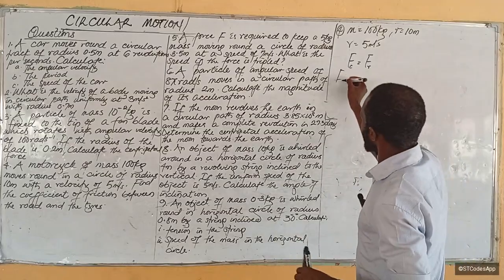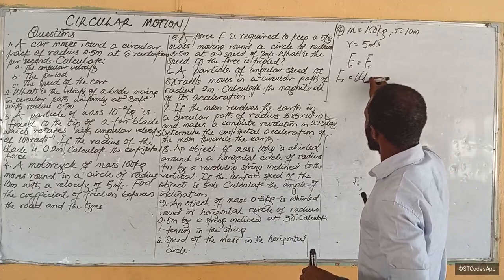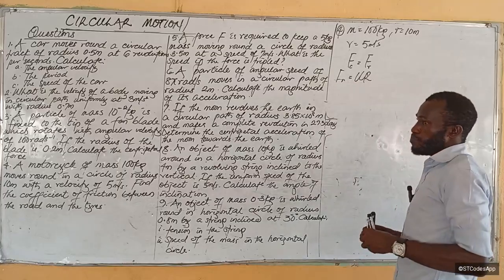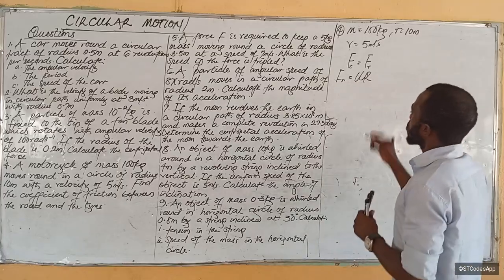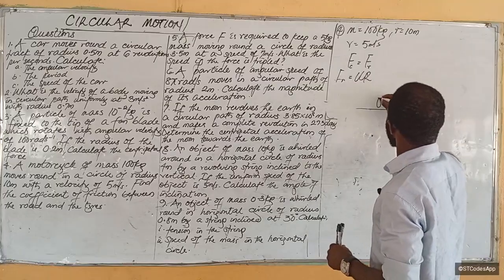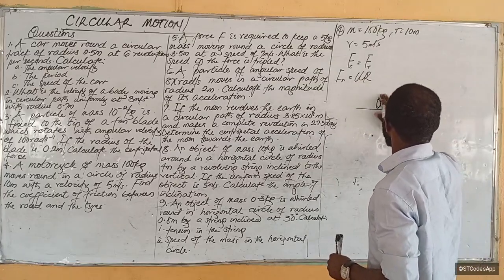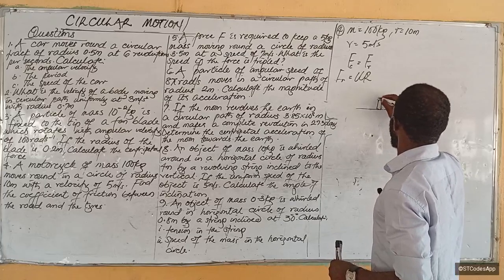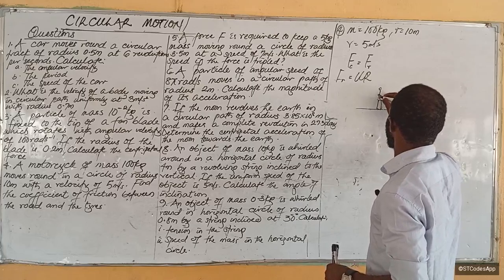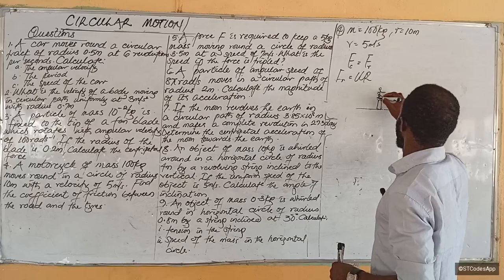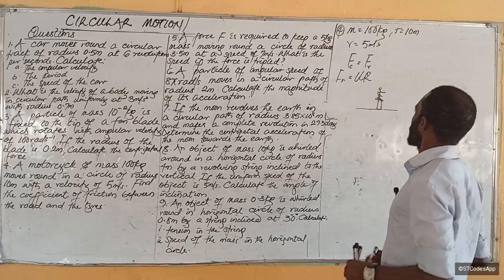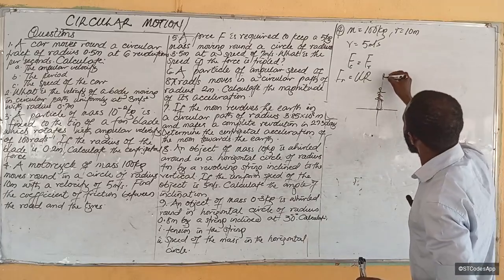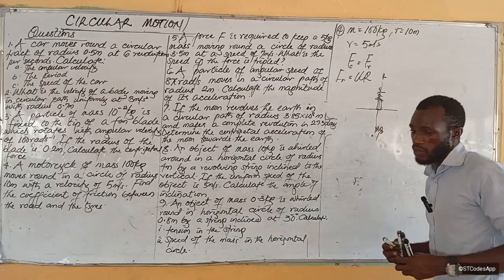And what's the formula for frictional force? Remember, it is equal to mu R, mu times the normal reaction. But this body is not on a bent road, right? So for a body on this surface, if this is the tire, and the man is seated on it like this, R will be exactly equal to mg, the weight of the body.